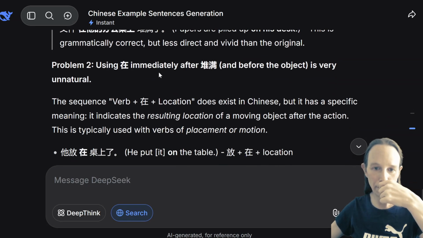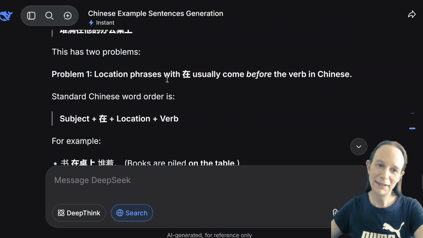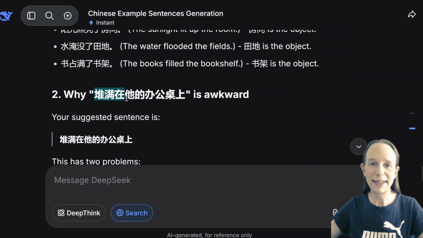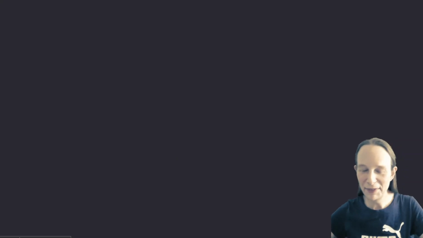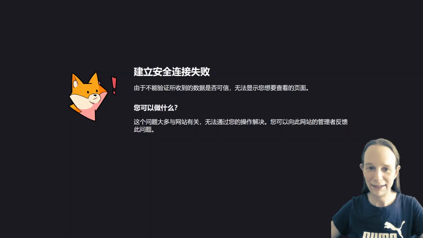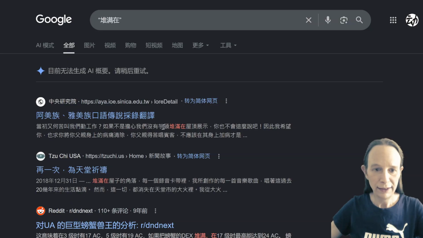Can you not do this though? 堆满在. Now I'm curious. Am I making a grammar mistake? 堆满在 blah blah blah 上. Oh, okay, one second. Yeah, 堆满.